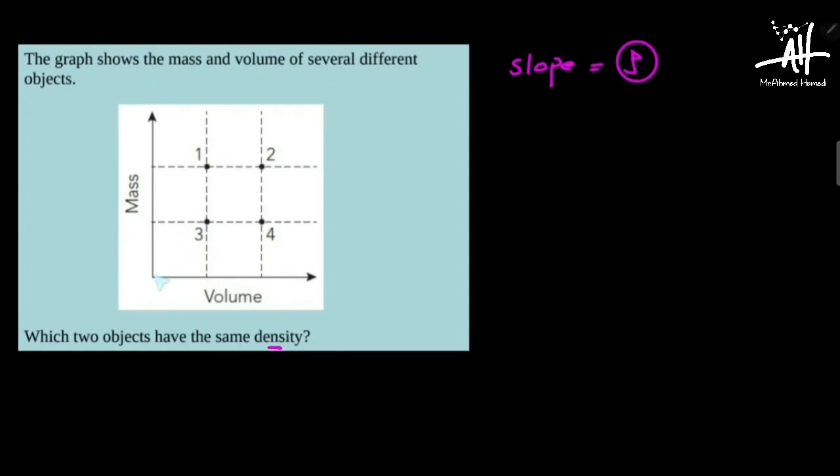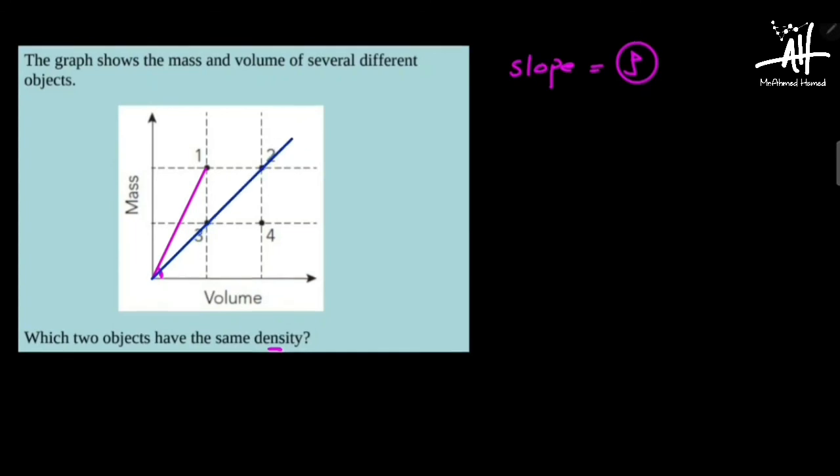The first one will go this line, and this will be the slope of the first one. And the second line will be this one, which will pass through the material 2 and 3. And the last one will be this one. So to have the same density, we should have the same slope.